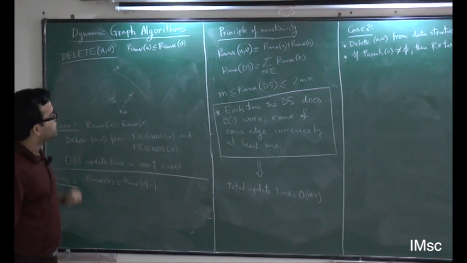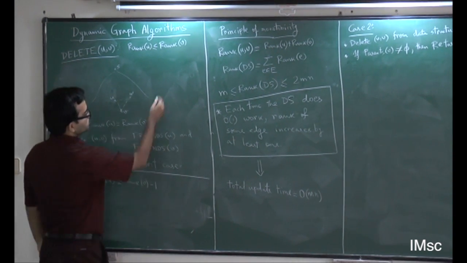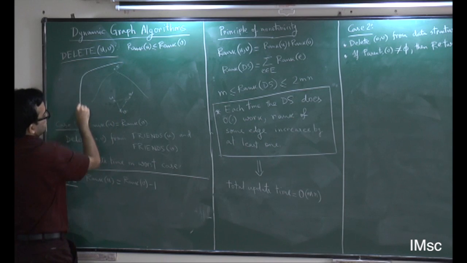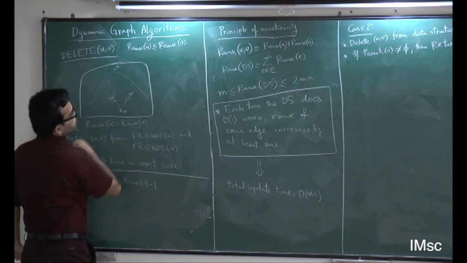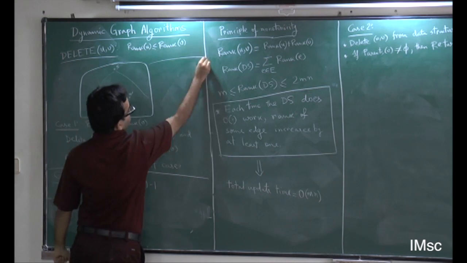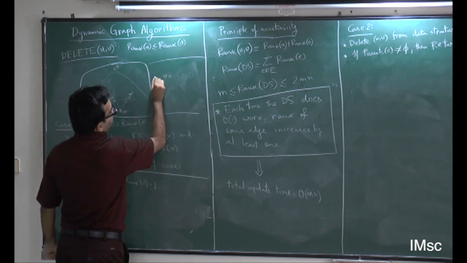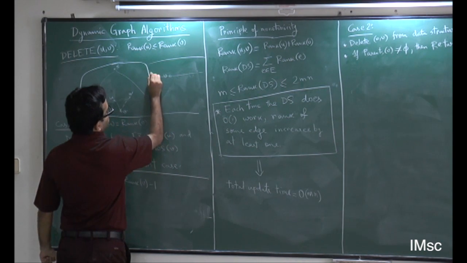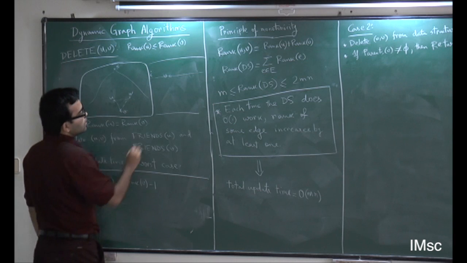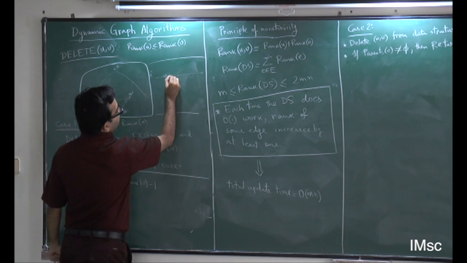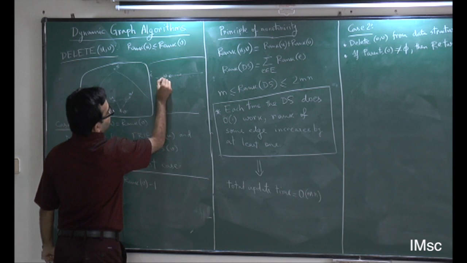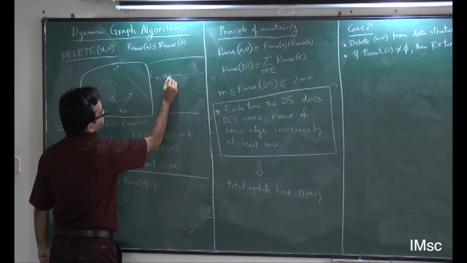So, when V's parent list is empty, let me draw this picture here. Okay. This is V, and say V is in level I. V's parents are empty. So, V now just has some friends in the same level and maybe some children.